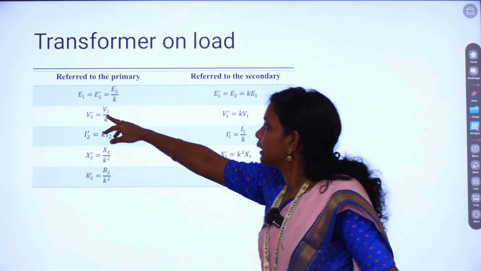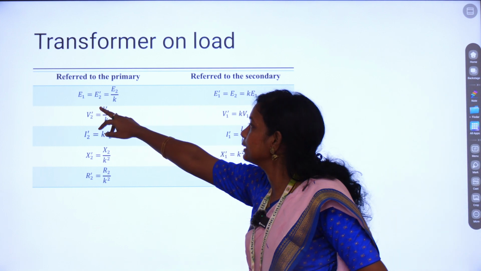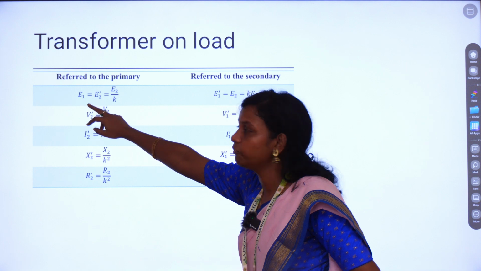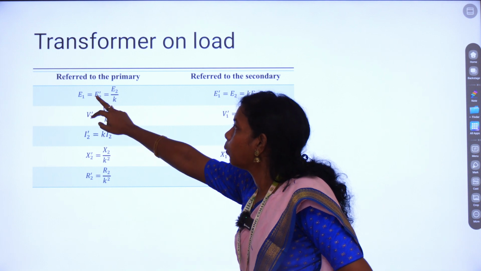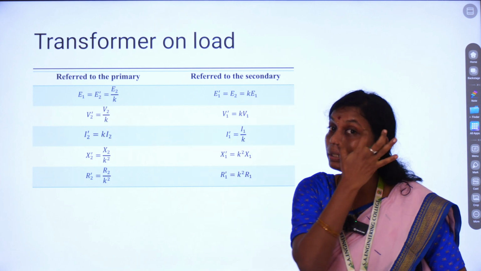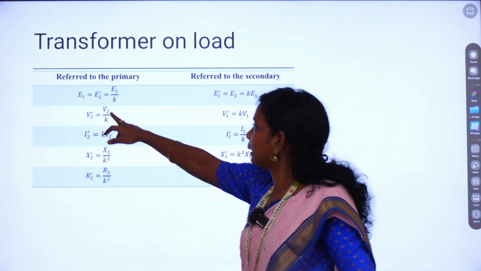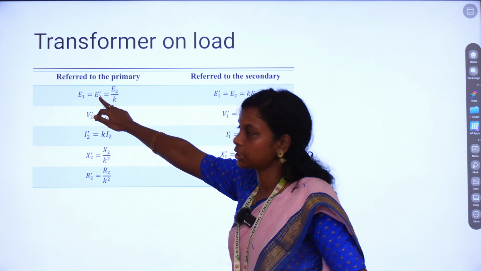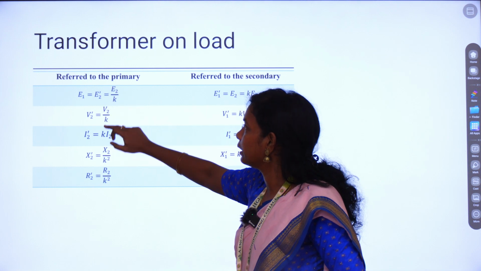For the first one, E1, which is referred to as the induced EMF on the primary side, while we are converting into E2 dash, that is, referred to the primary side, it will be mentioned as E2 dash, which is the formula already we have been told.